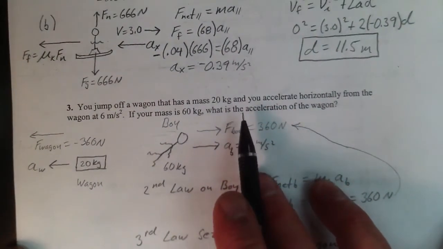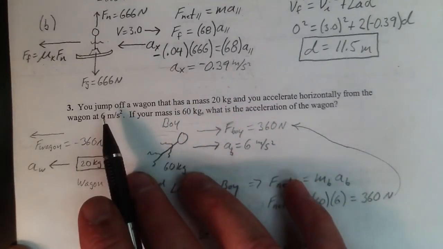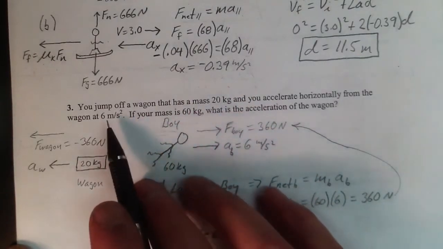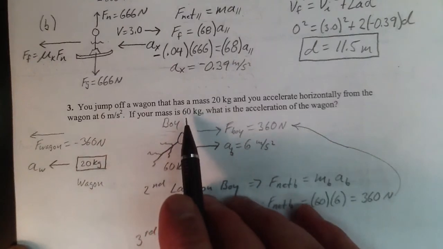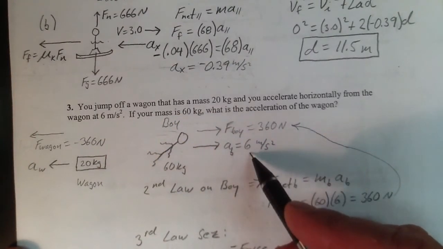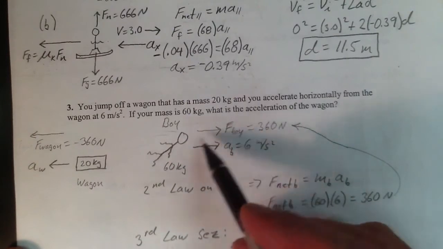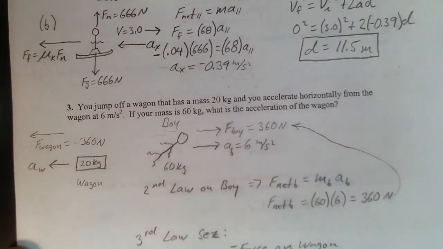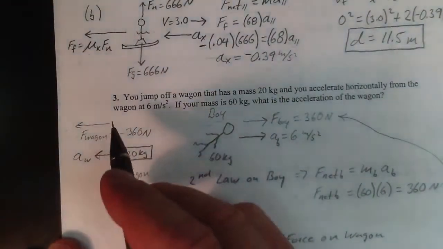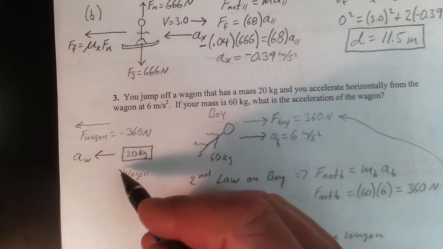Now, I know the mass of you, and I know your velocity, your acceleration, so I can calculate the force. So the boy has this much acceleration, this much mass, so this is the force acting on the boy to accelerate him in this direction. Well, that has to, by Newton's third law, be equal and opposite to the force of the wagon.